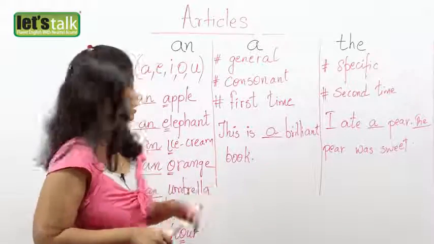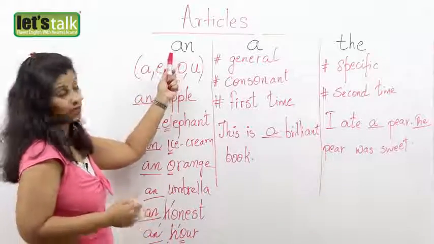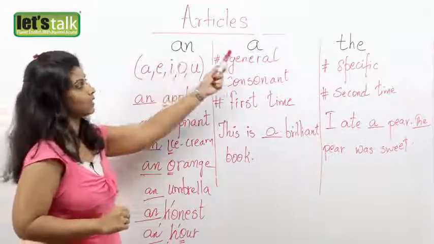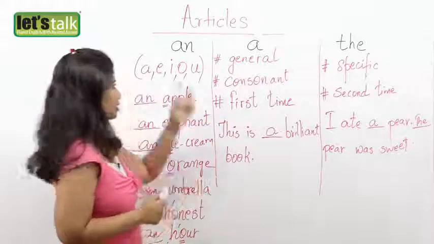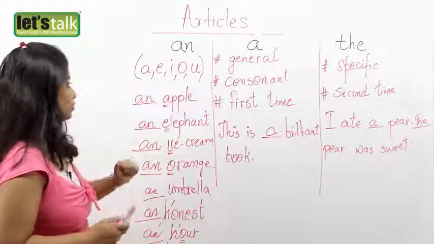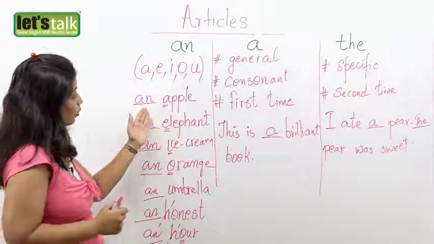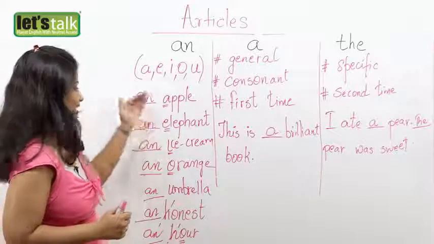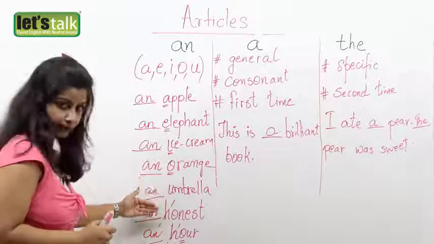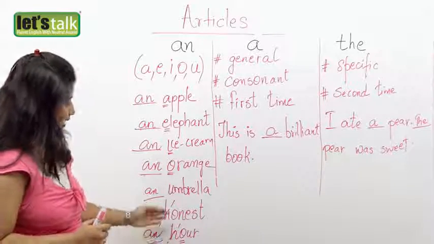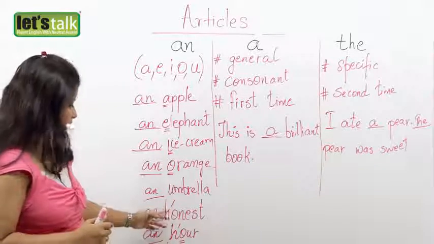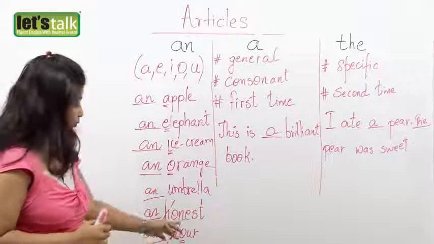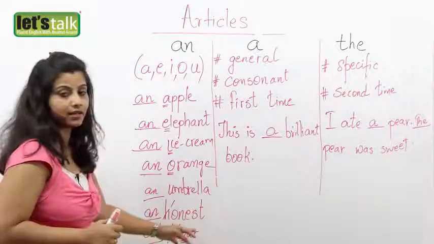No, it doesn't work. Okay, so we learned 3 articles, that is an, a and the. I told you that an is supposed to be used before a word beginning with a vowel, that is a, e, i, o, u. Okay, there are exceptions like honest and hour, where H becomes silent and we pronounce it as honest and hour.